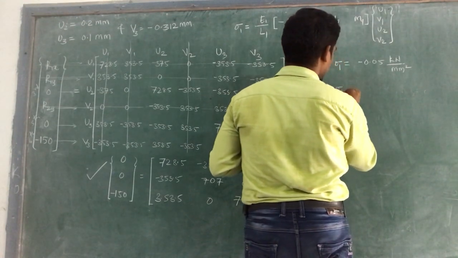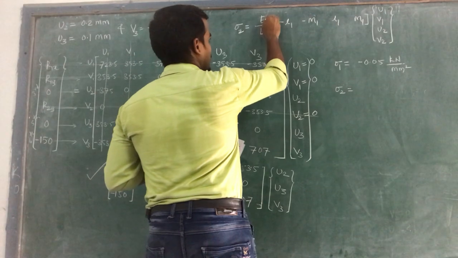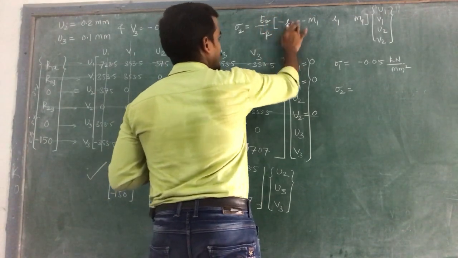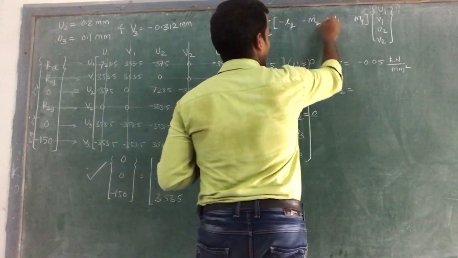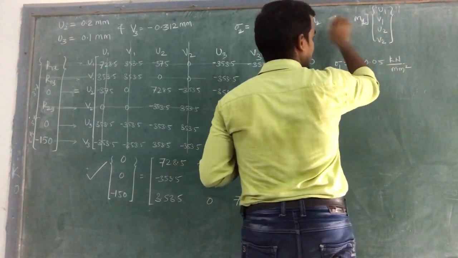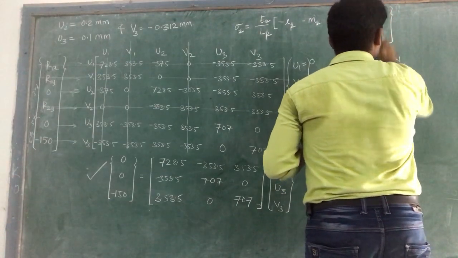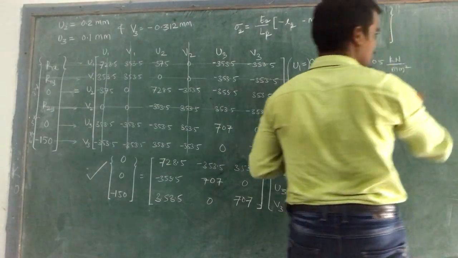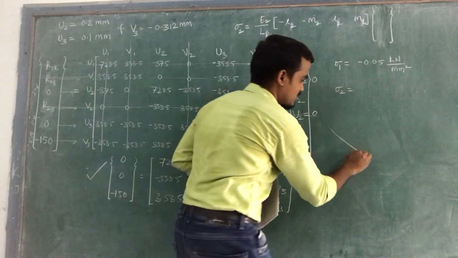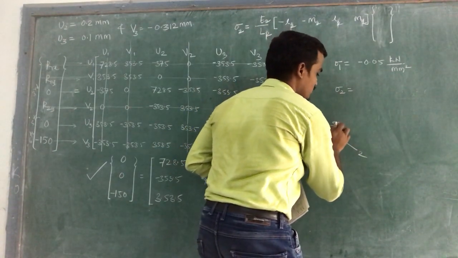Similarly sigma 2. For sigma 2, what changes? E2 by L2, and this L2 M2 L2 M2 are the sin theta and cos theta values for element 2. The connectivity of the second element is between node 2 and node 3. So for node 2 U2 V2, for node 3 U3 V3.